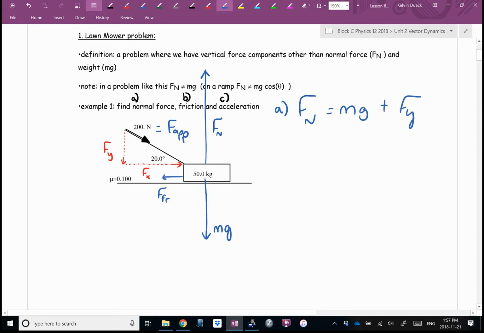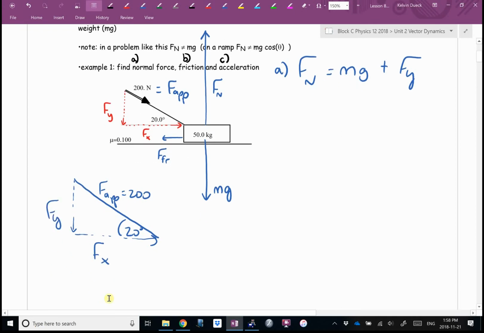Fy. You know what? Because it's our first time doing this particular situation, let's redraw that little triangle right here, where I have F applied equals 200. This is 20 degrees. There's Fy. There's Fx.